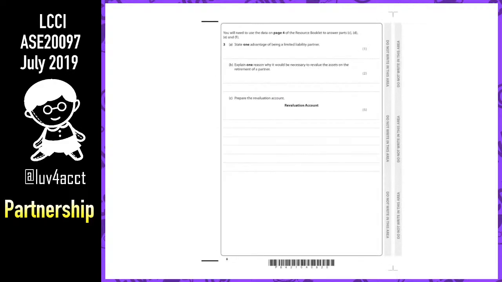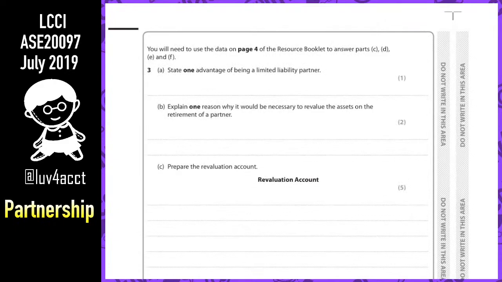Okay, so state 1 advantage of being a limited liability partner. So we know usually we have unlimited liabilities for partnership, but there's also a possibility, after fulfilling certain criteria, that you can have a limited liability partner as well.